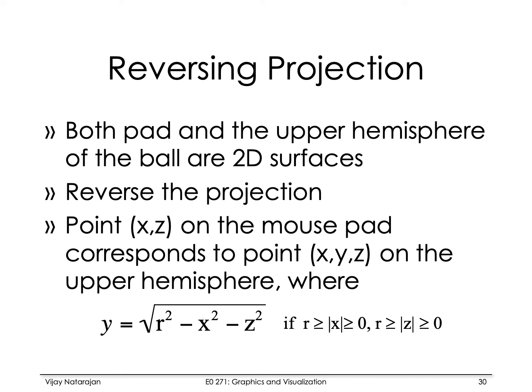So the way you get that point is by projecting directly up. So you go from XZ to XYZ, and the Y coordinate is essentially given by the radius of the trackball, the sphere. So it's given by the square root of r squared minus x squared minus z squared, right? Of course, this expression is valid only if you are considering xz that lies inside the hemisphere.